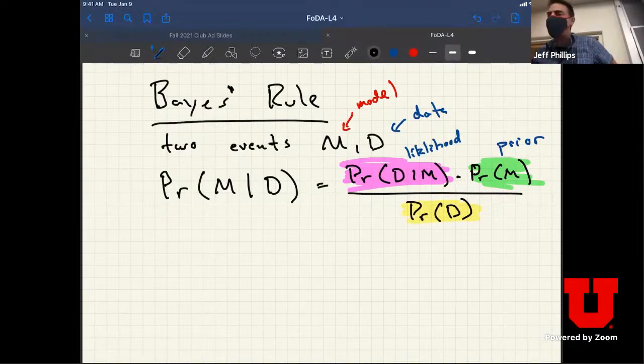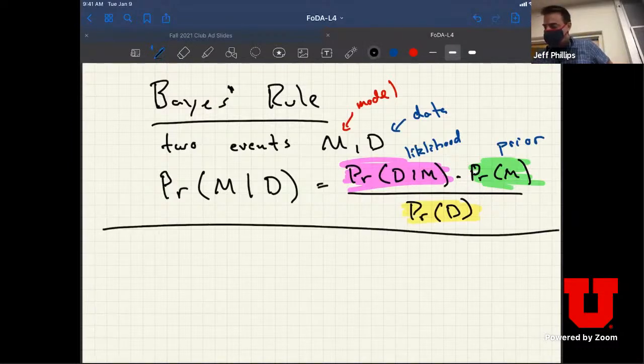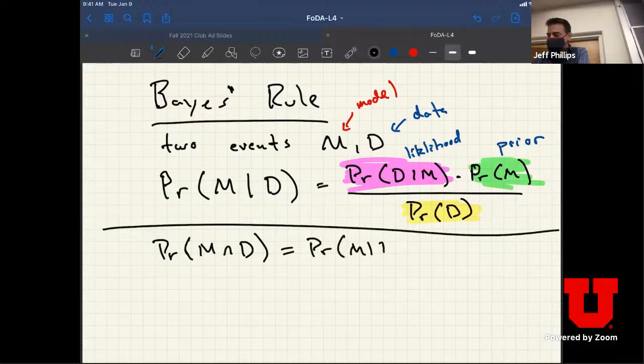But before I go through some examples, let me first say that this is just a formula. You can derive it from the definition of conditional probability. By the definition, the probability of the model and the data is equal to the probability of the model given the data times the probability of the data.